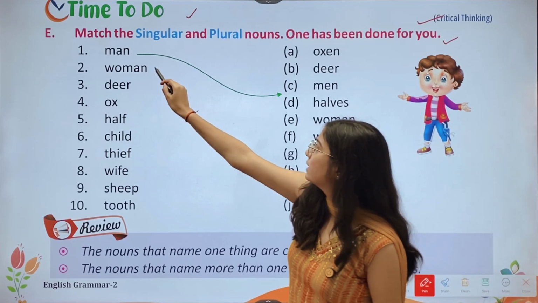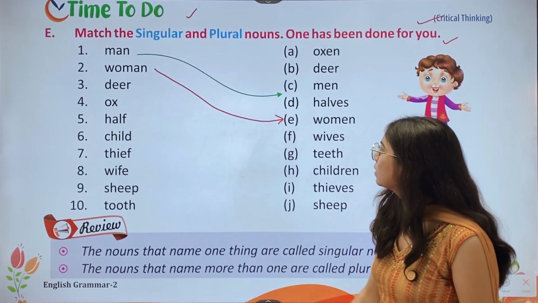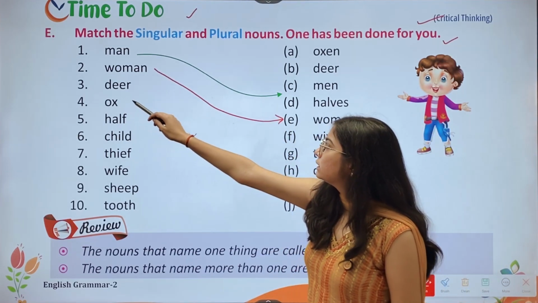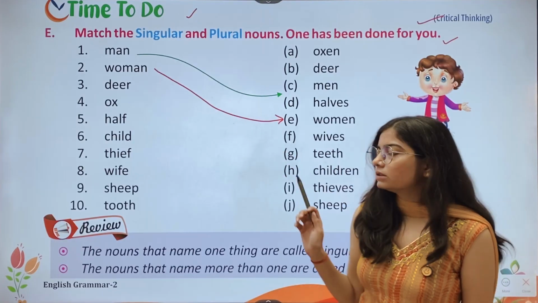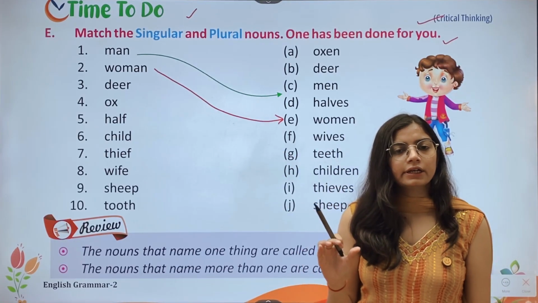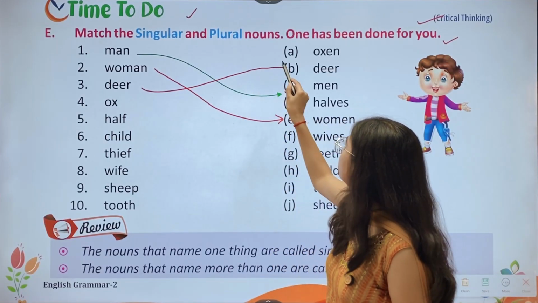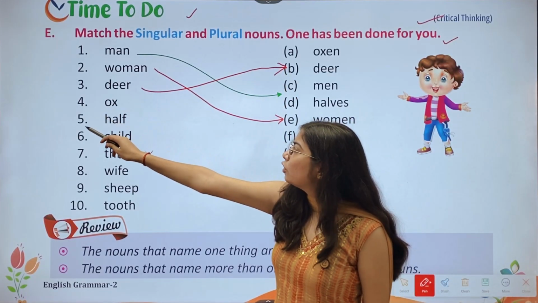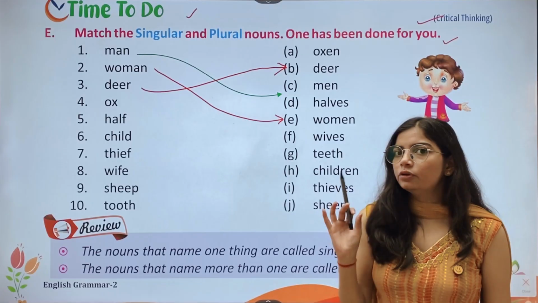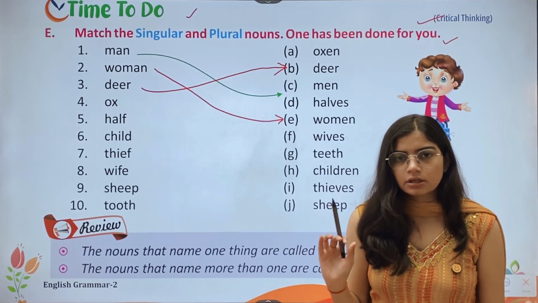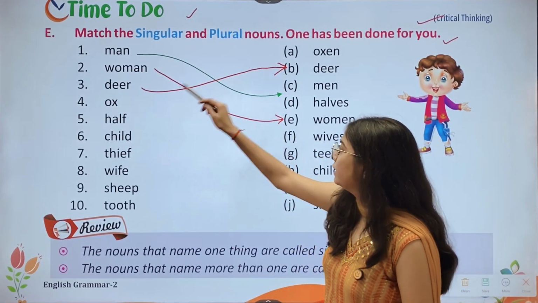So we'll match second with E. Now third, deer. The plural of deer is the same, deer. So we'll match third with B. Now fourth, ox. The plural of ox is oxen. So we'll match ox with A.